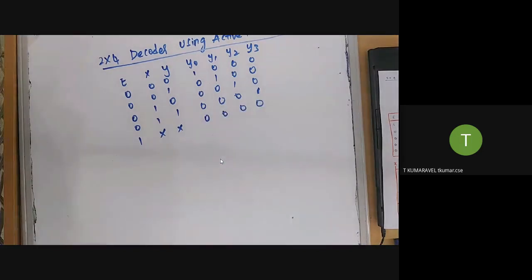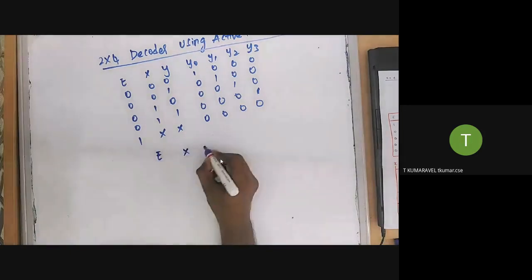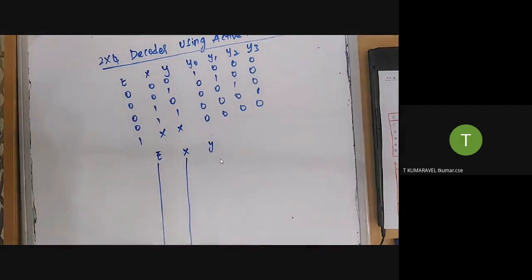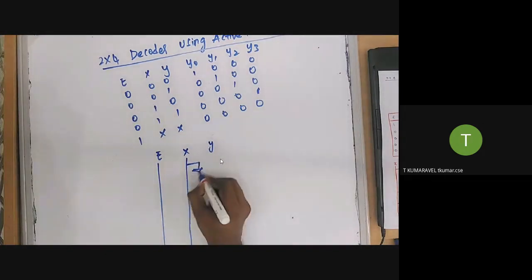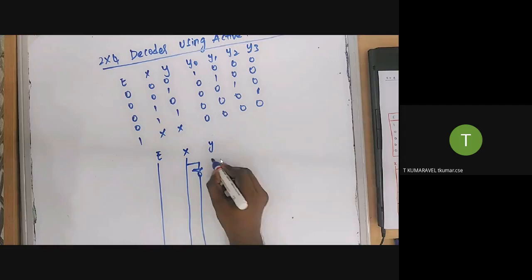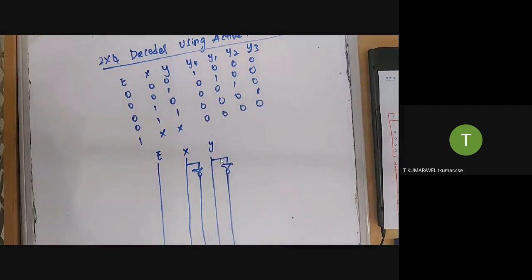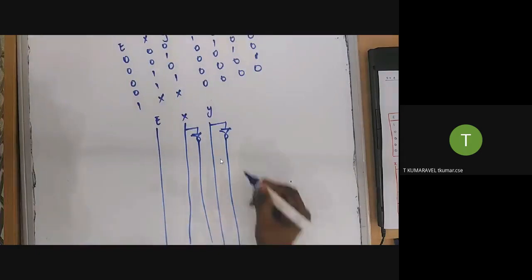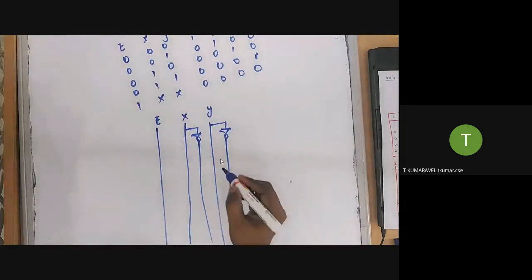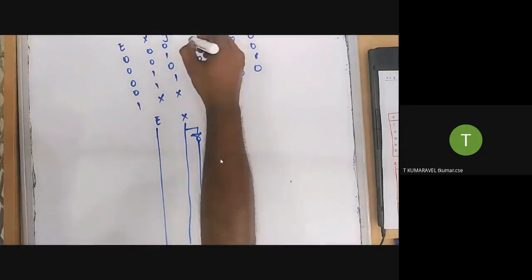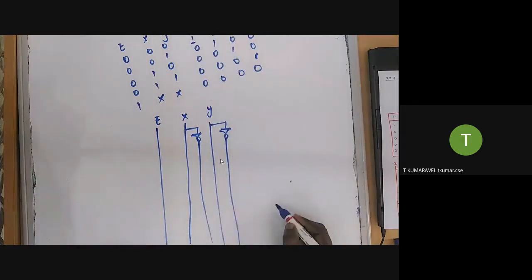How do you draw the circuit? It is associated with three inputs, namely E, X, Y. What is the first output? I'm going to take the first output.